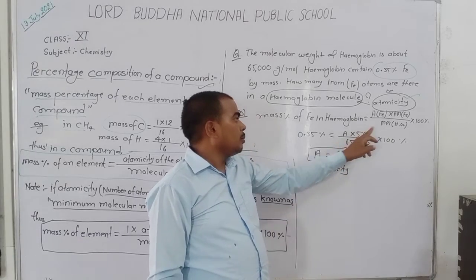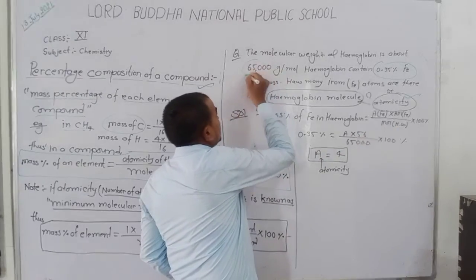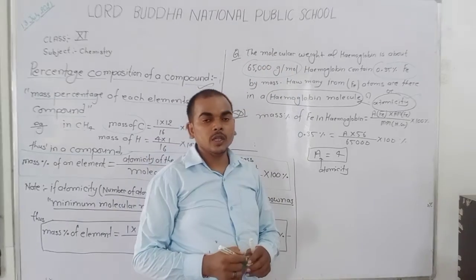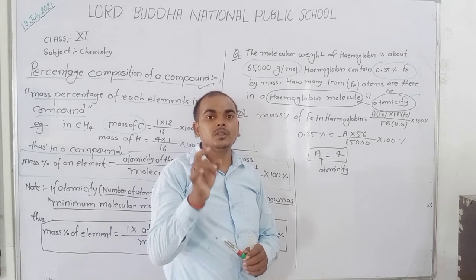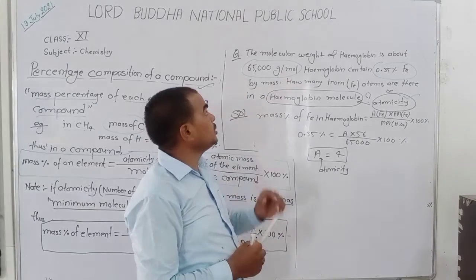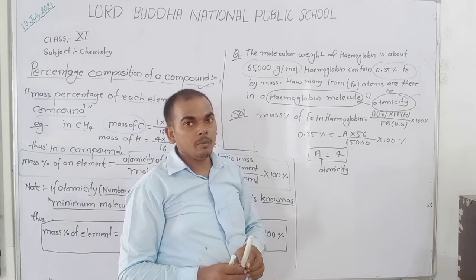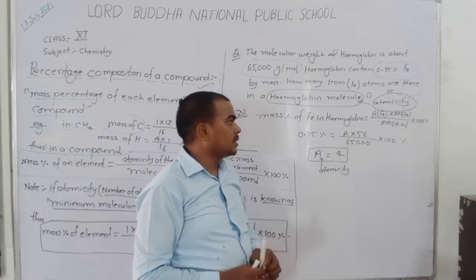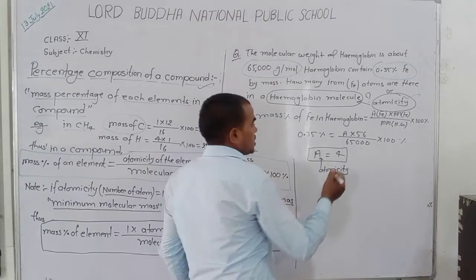Dear student, the molecular mass of hemoglobin is given in the question as 65,000 gram per mole. You know that the unit of molecular mass is gram per mole, so 65,000 is the molecular mass. Put the value 65,000 at the place of molecular mass of hemoglobin and calculate.